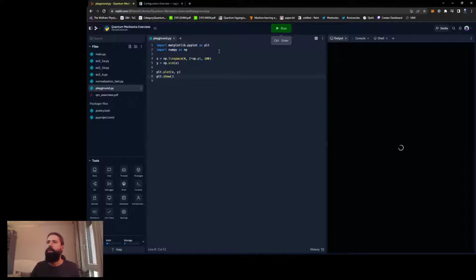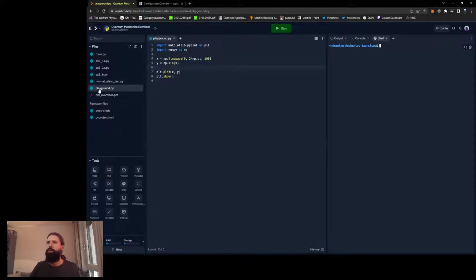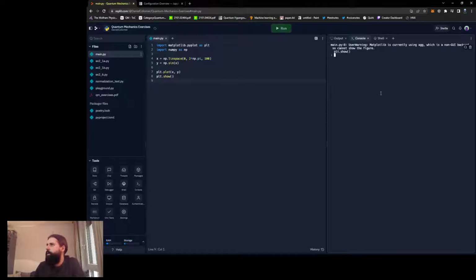Console. Oh, sorry, it runs because it runs the main program. I'm stupid. So I should just write this in main. Can I show figure? Matplotlib is currently using a non-GUI backend.